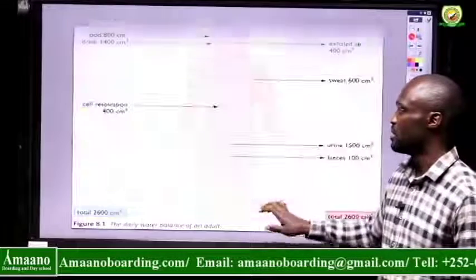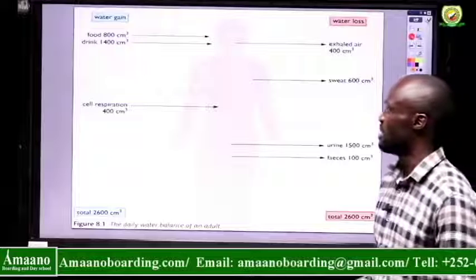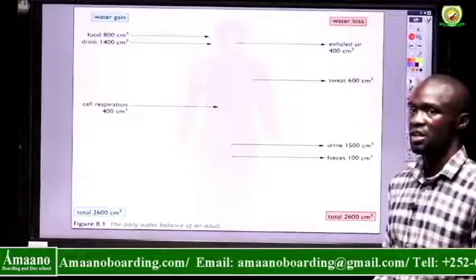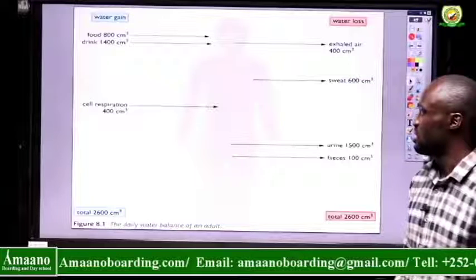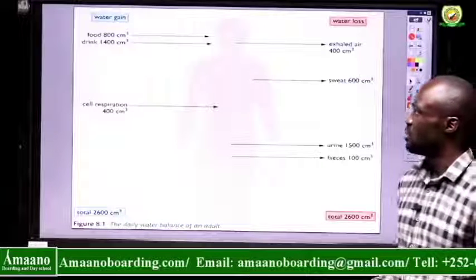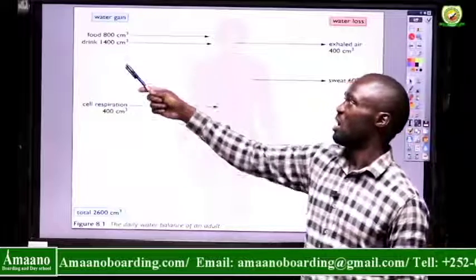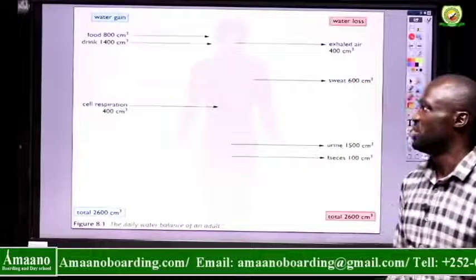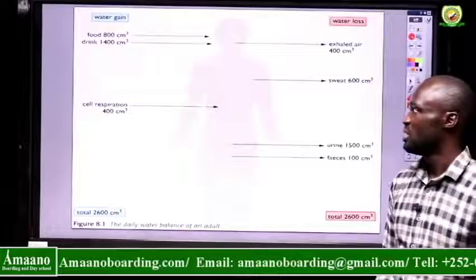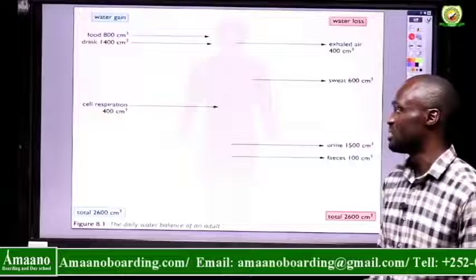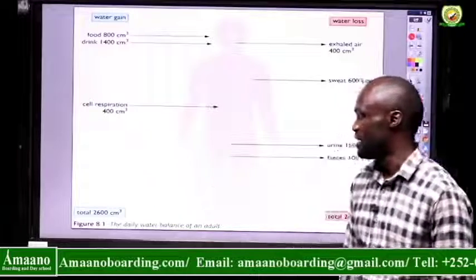So we have this diagram which shows the amount of water that is lost and gained. When you look, you can see that from drinking, we are taking in about 1,400 cubic centimeters. In food, around 800 cubic centimeters. Respiration, 400.